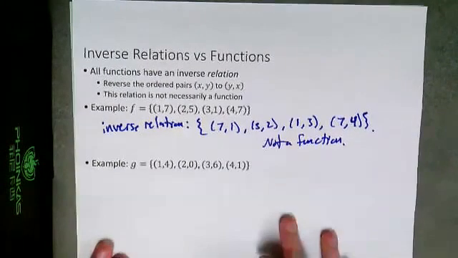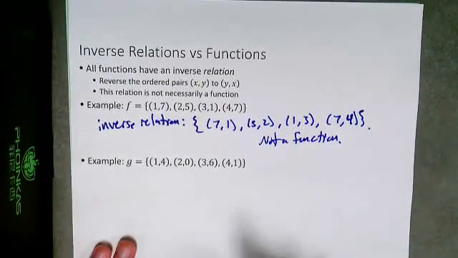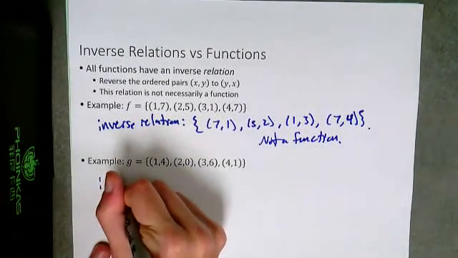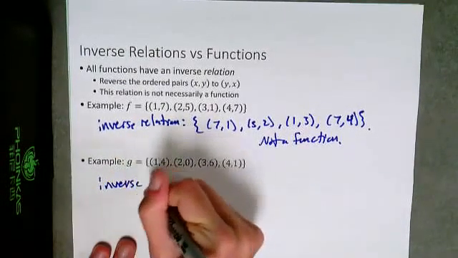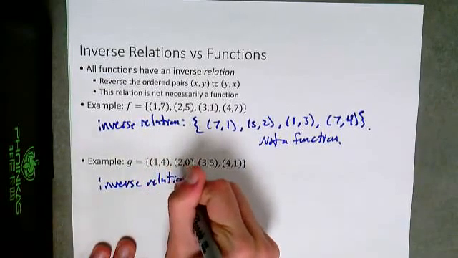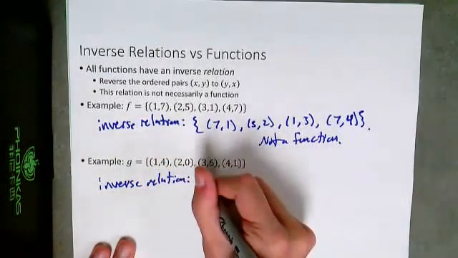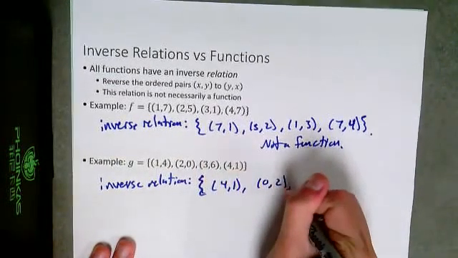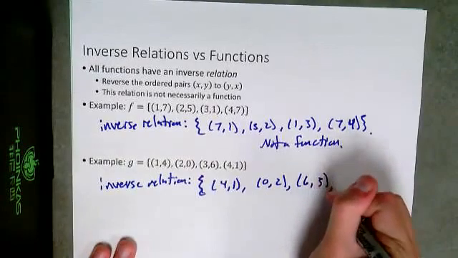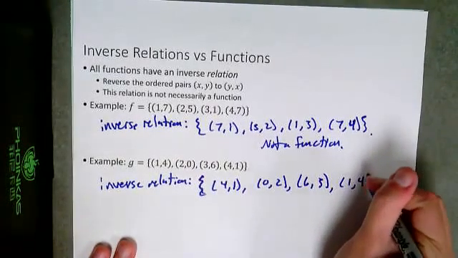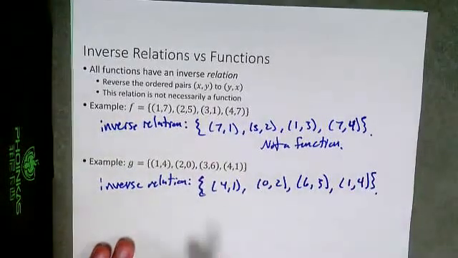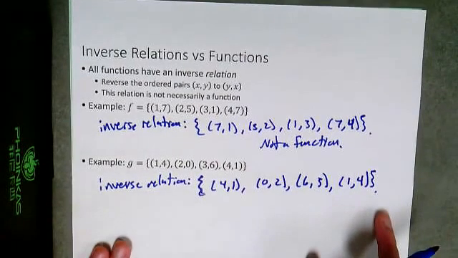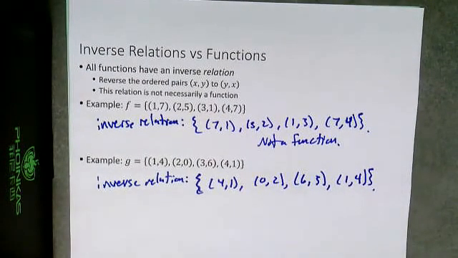All right, let's look at the next guy. Inverse relation is again the same process. (4,1), (0,2), (6,3), and (1,4). Right? Different inputs going to outputs.